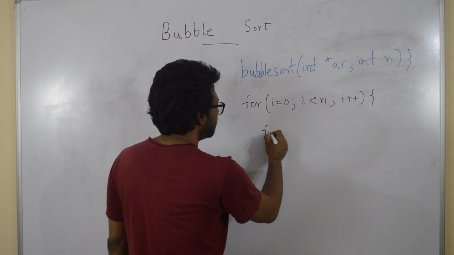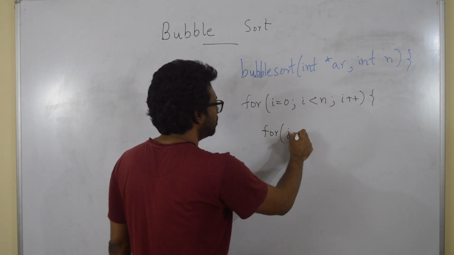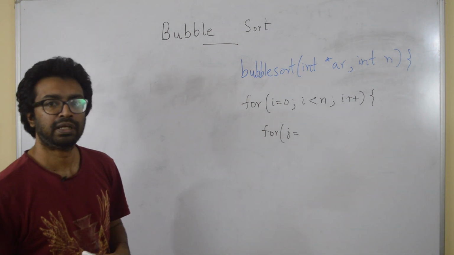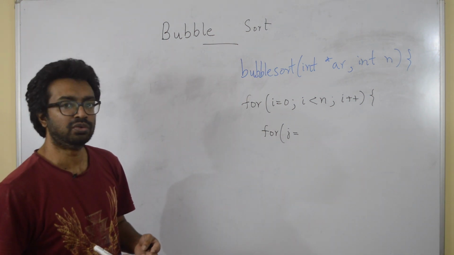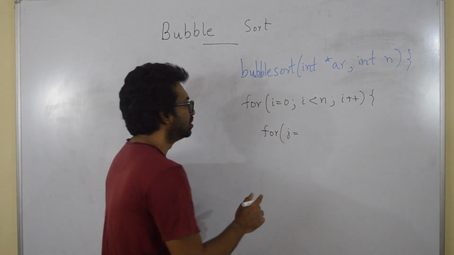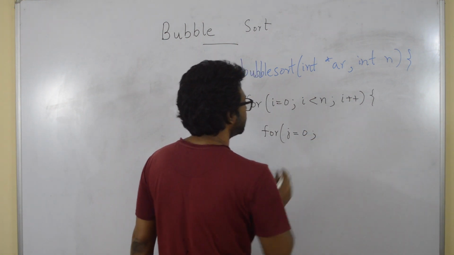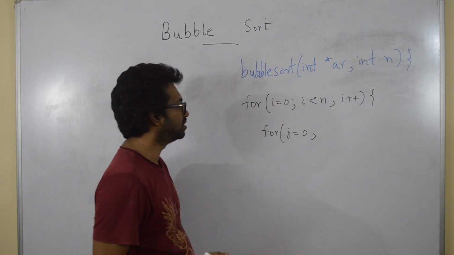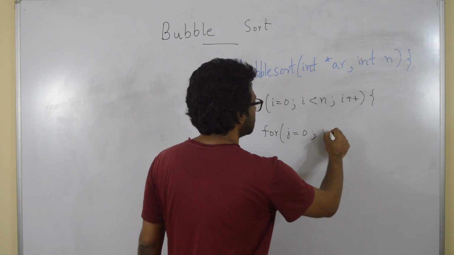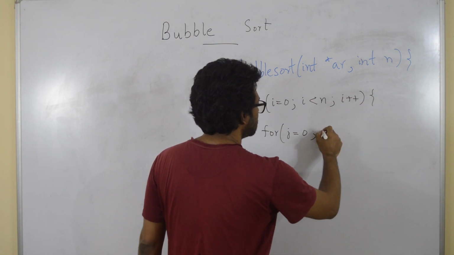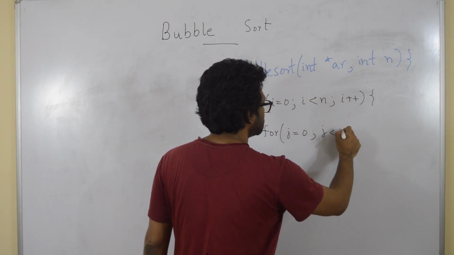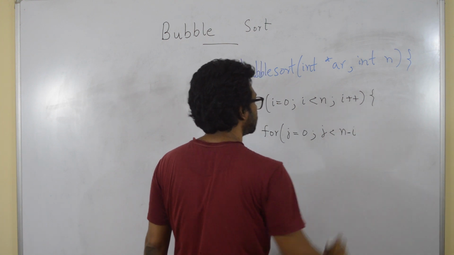So for that, I'm going to write j equal to, what should j do? j has to go from 0 to, till what position should j go?